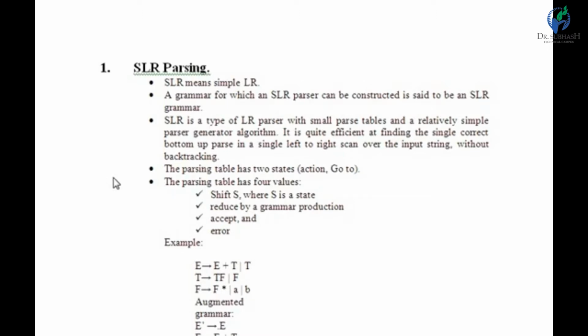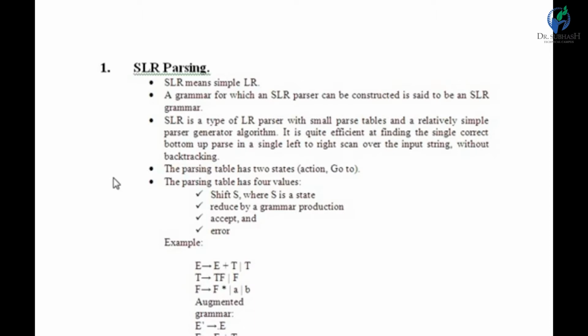So the parsing table has two parts, action and goto. The parsing table has four values: shift, indicated by S, reduce, indicated by R, accept and error. So in SLR, first you have to generate augmented grammar.